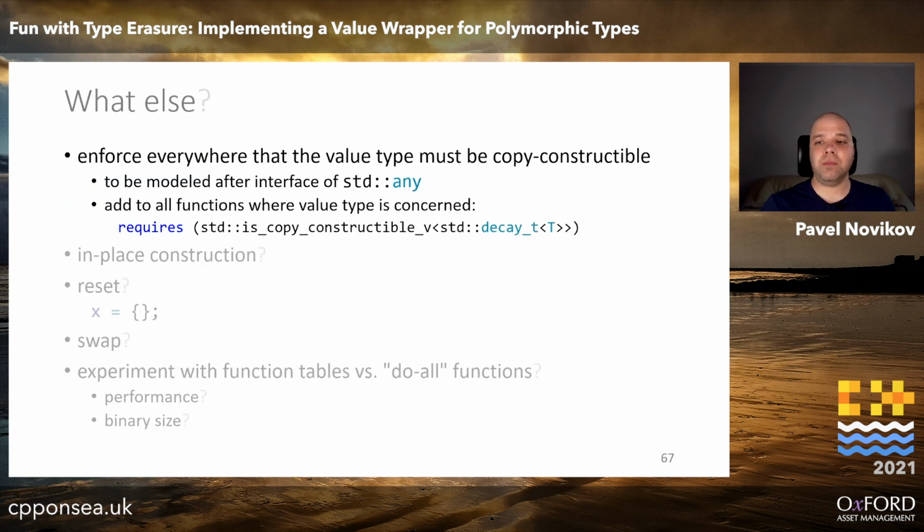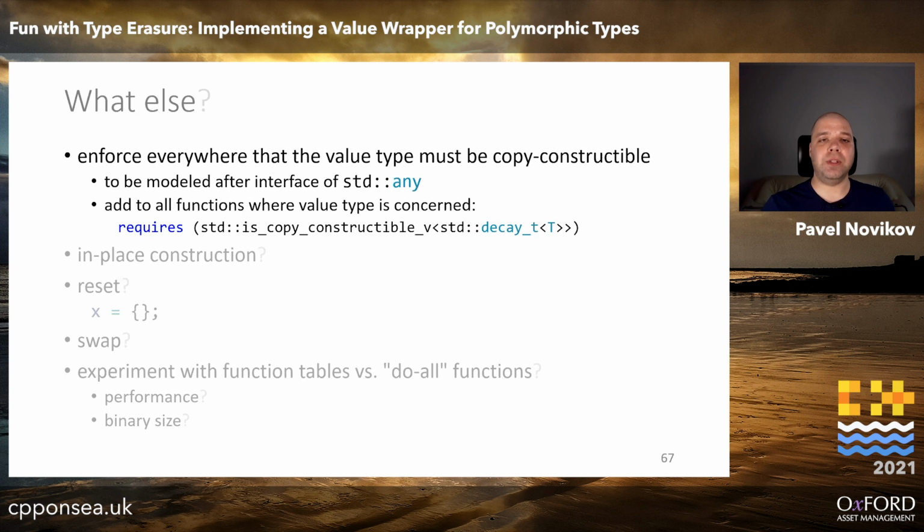And we have 6 minutes left, and we are on time. Let's discuss what else we could have. First of all, we have to enforce that all the types we want to put into our value wrapper are copy constructible.